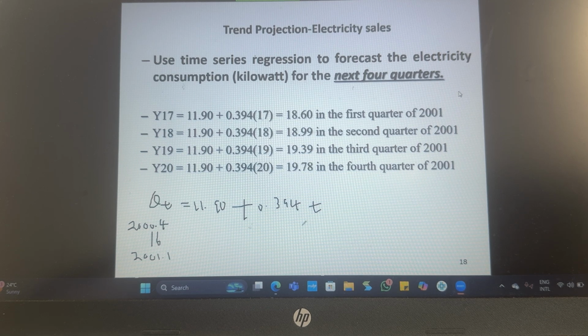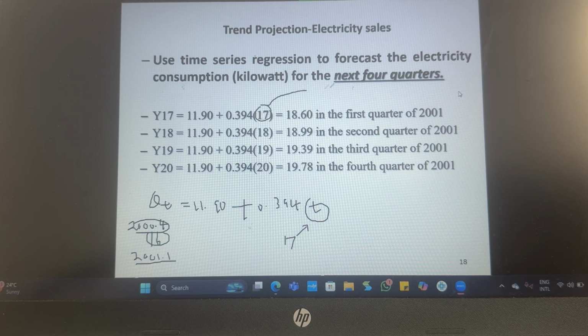Then what number do we need to plug in here? Because number 16 represents 2000 fourth quarter, and we want 2001 first quarter. So what number should be here? 17. So we plug in 17 and get this number. It represents first quarter 2001.